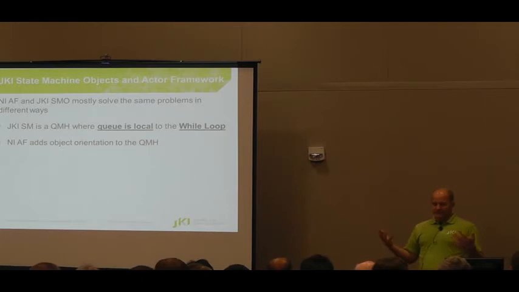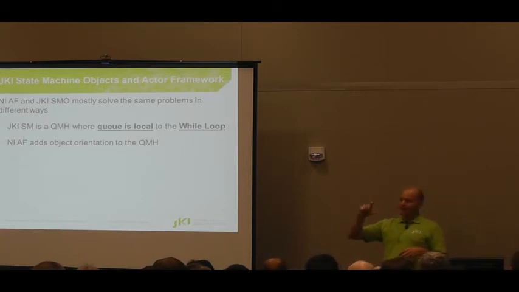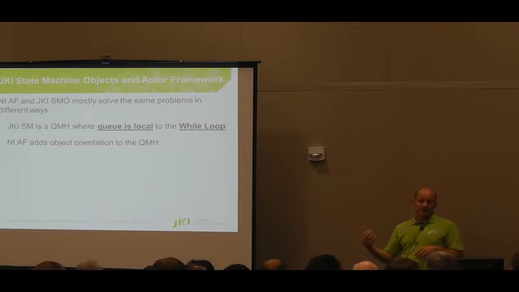an actor is basically that main while loop of the queued message handler by reference, and every frame of the state machine, of the case structure, is now moved into a VI, actually a class, right? A new message type that has the do work.